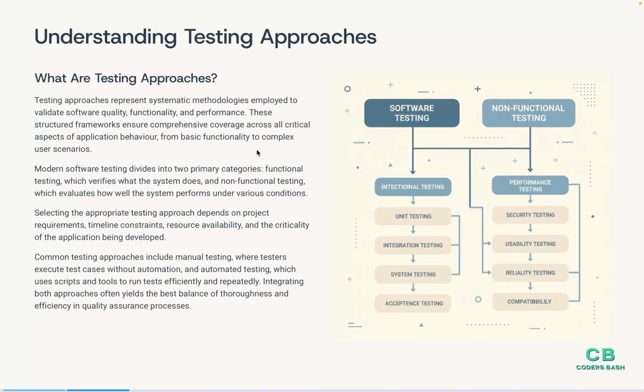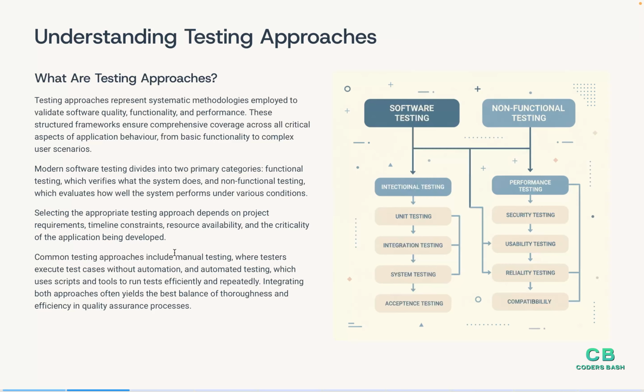So in modern software testing we divide it into two primary categories, which is functional testing, which verifies what the system does, like what the software actually does, and non-functional testing, which evaluates how well the system performs under various conditions. So yeah, selecting the most appropriate testing approach depends on project requirements, timeline constraints, resource availability, and the criticality of the application being developed.